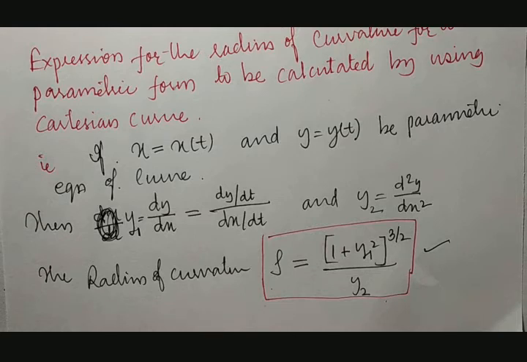Therefore, in this case we understood a few points. I'll just recall. One, the amount of bend is called curvature. Curvature is nothing but d psi by ds, which will be denoted by k. If k is non-zero, then the reciprocal of it has to be taken as the radius of curvature, denoted by rho.